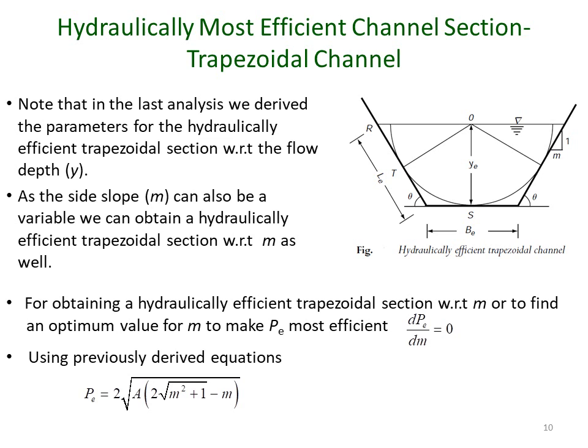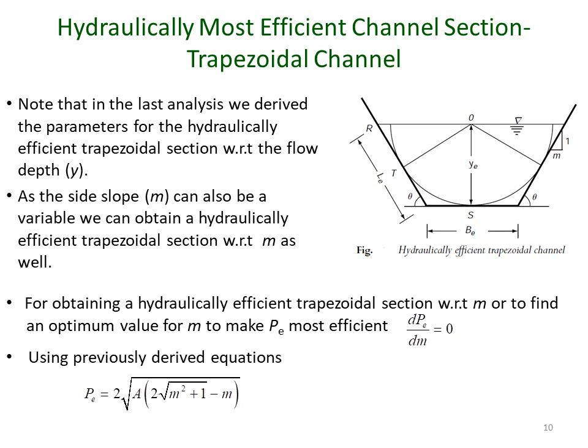Now, in the last couple of slides, we derived the hydraulically most efficient trapezoidal channel section considering only the depth of flow. So we differentiated the weighted perimeter with respect to the depth of flow, and equated that to 0 for the most efficient channel section.